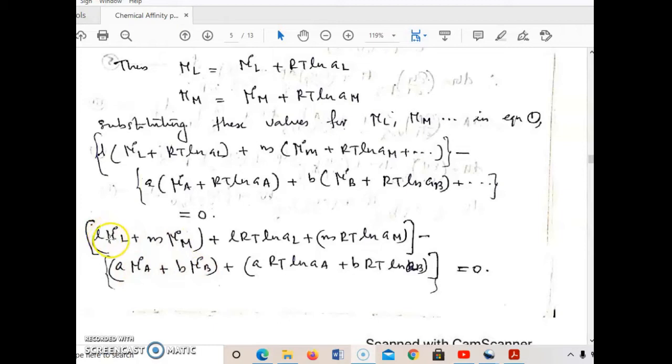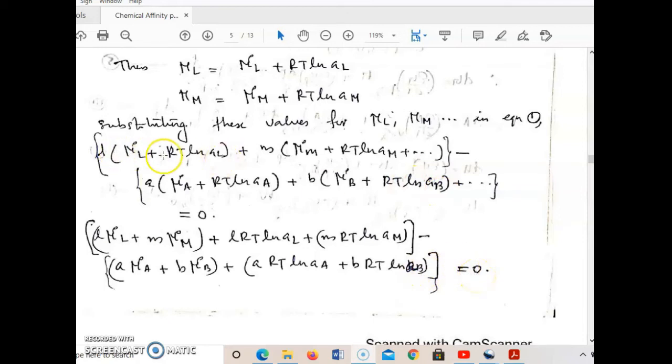So we have l times mu 0 L plus m times mu 0 M plus l times RT ln a_L, here we have removed the bracket, plus m times RT ln a_M, minus, we have to collect these mu 0 terms together here, a times mu 0 A plus b times mu 0 B plus a times RT ln a_A plus b times RT ln a_B, which is equal to 0.